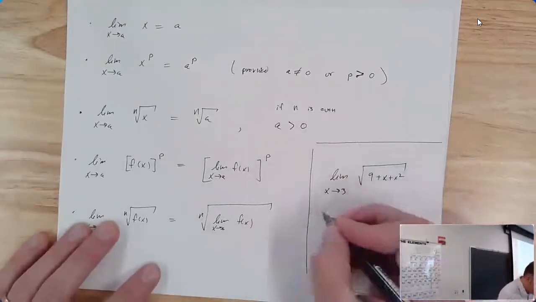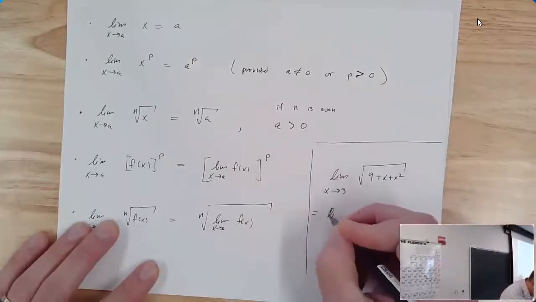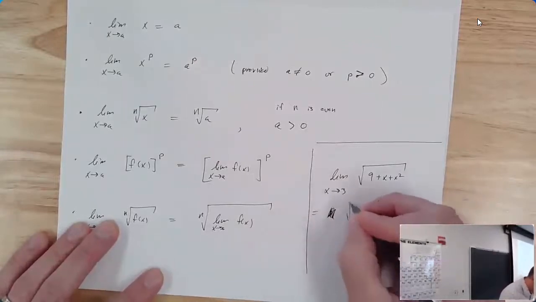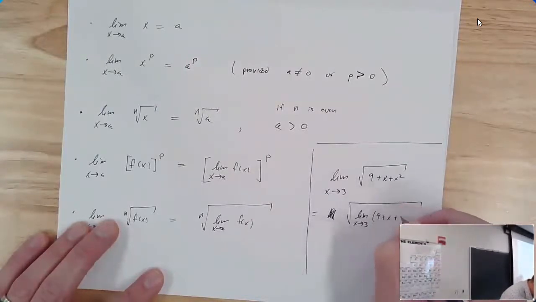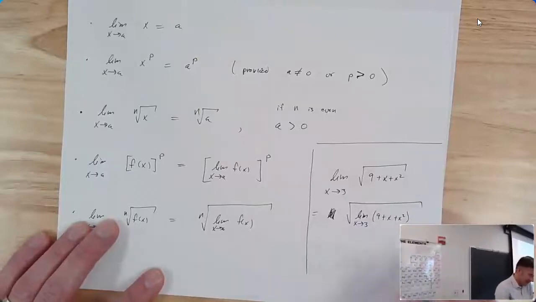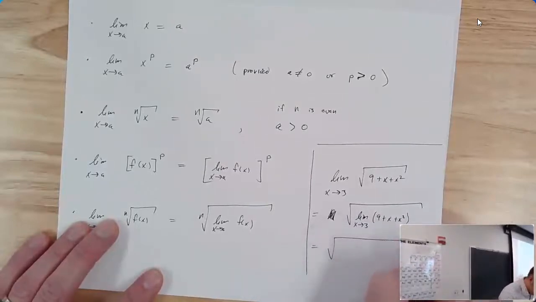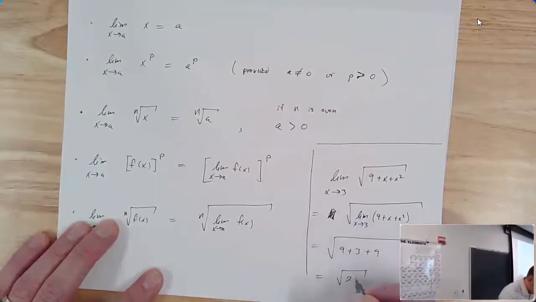We don't typically write this intermediate step, but it would be the square root of the limit as x approaches 3 of 9 plus x squared. Then I take that limit and I get 9 plus 9. So my limit is the square root of 21.